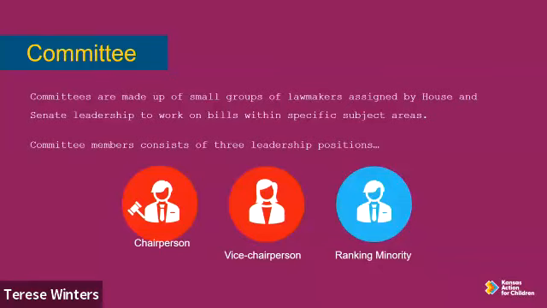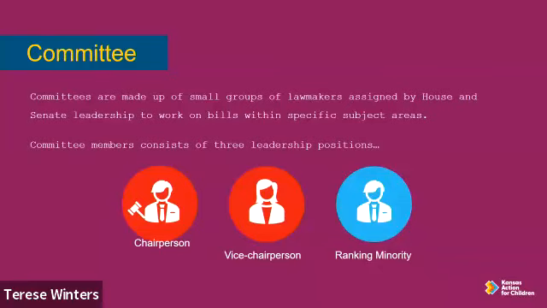The start of the process is committees, which are small groups of lawmakers that are assigned, again, by House and Senate leadership to work on bills within specific subject areas. For example, there are tax committees, education committees, agriculture committees, budget committees, and more.